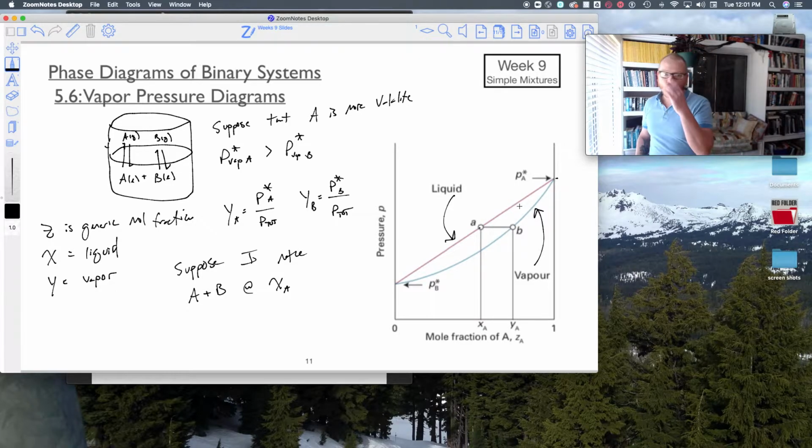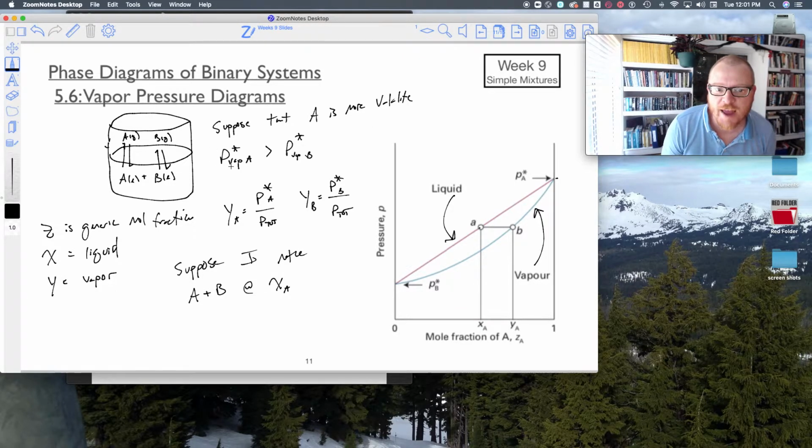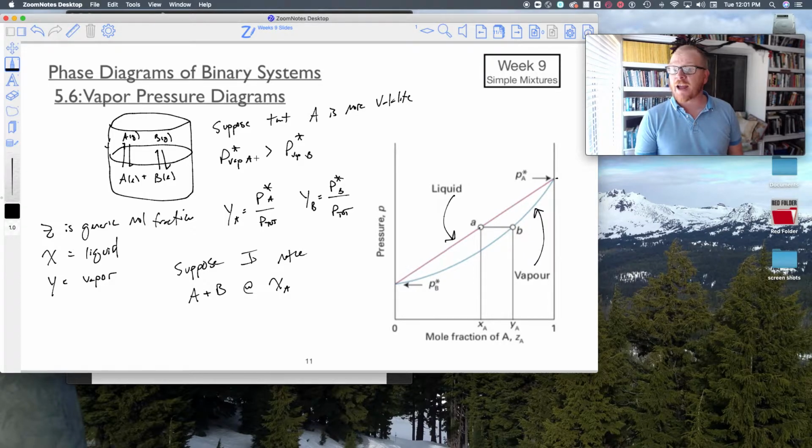And we note that if both of these had the same vapor pressure, if the vapor pressure of A was exactly the same as the vapor pressure of B, there would be no difference. However, because A is more volatile than B, it has an enriched concentration in the vapor. So if this is now my liquid mixture, where I've actually mixed these together, and that's the composition that I want, to find the concentration of A in the vapor, I have to travel straight across this constant pressure line, okay?